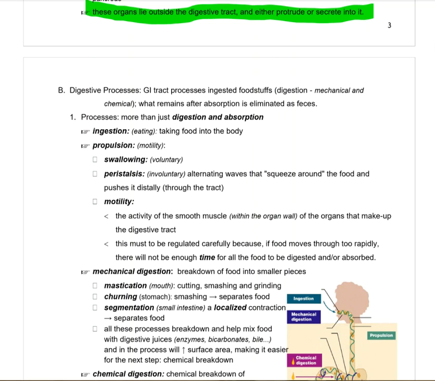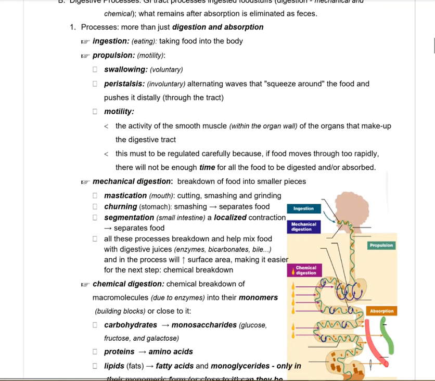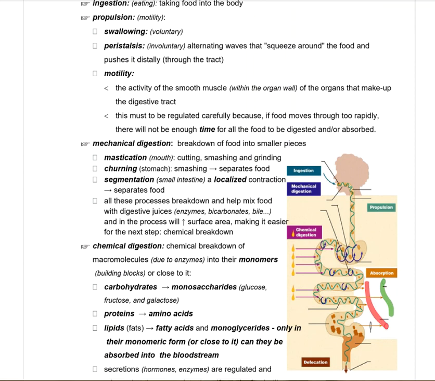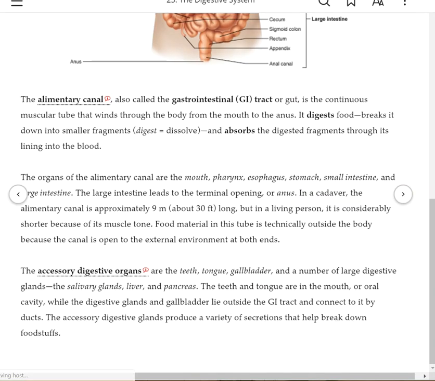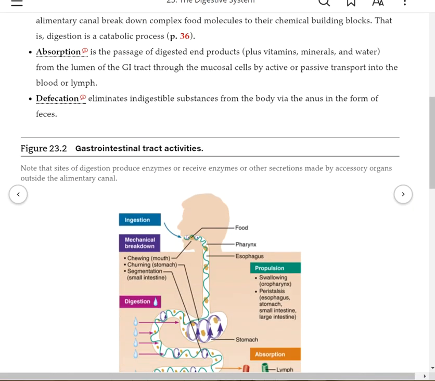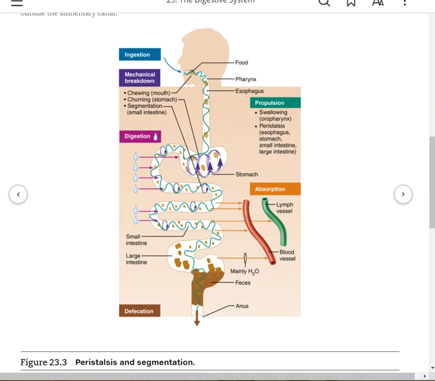Now, what are the digestive processes? There's a picture here at the bottom of the page, and it can be found on page 870. Let's switch over and take a look at that, so you can see it in a little bit better detail here. It's a little bit larger.